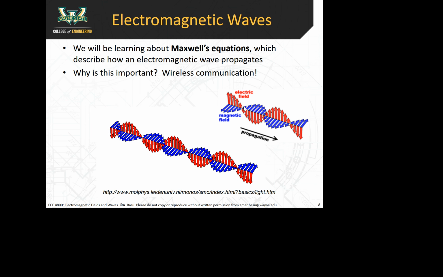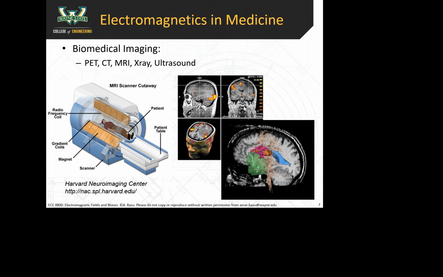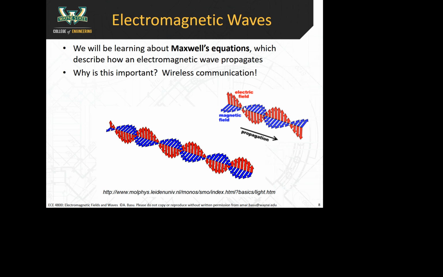So this wave propagation is obviously very important because we use it for things like imaging, as I showed you on the last slide. We also use it for wireless communication. We can send information on electromagnetic waves because we can encode that into the field intensity. We do digital communication, so we have zeros and ones.